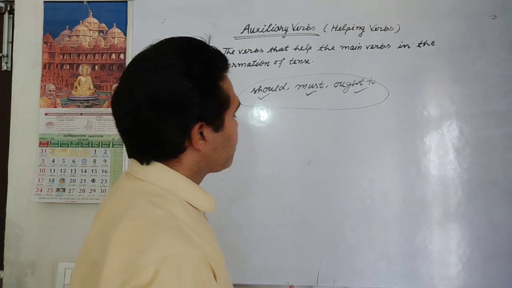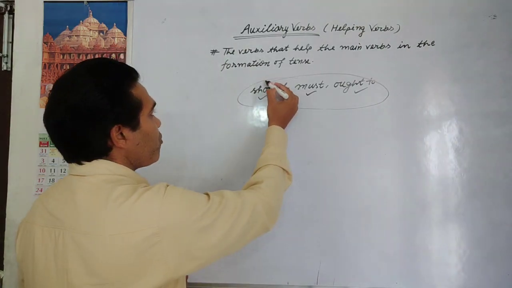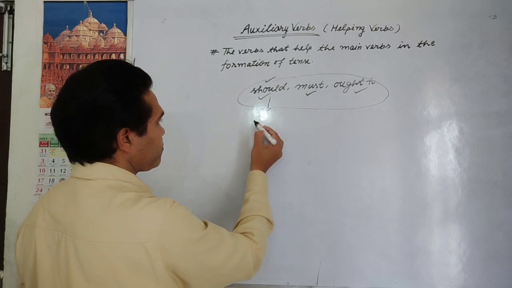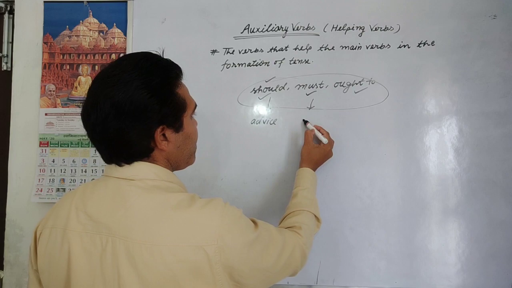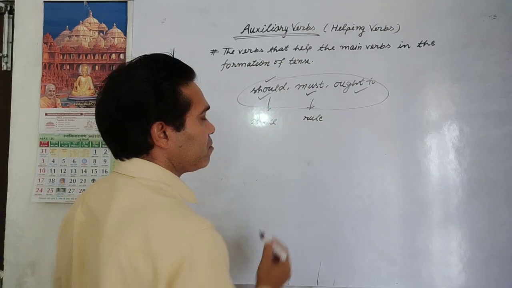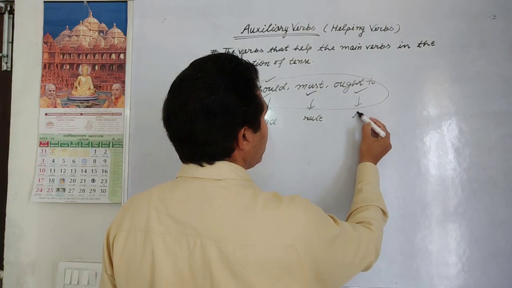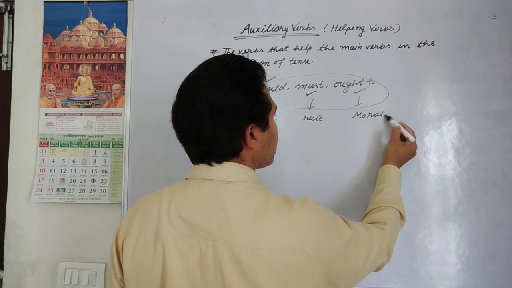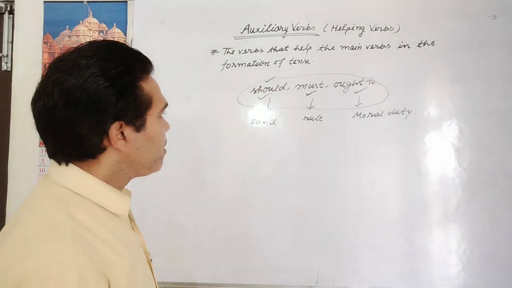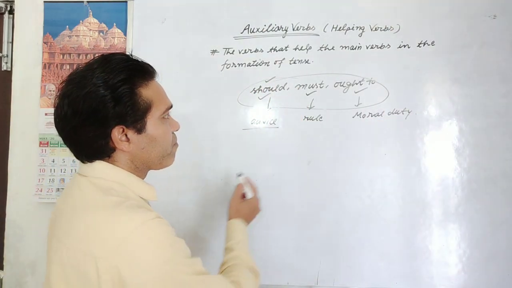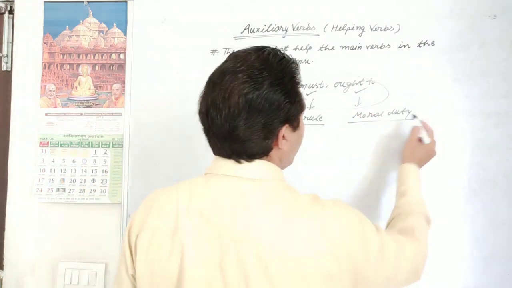But now, what are the uses of these? Now see, should for advice, must if any rule is there or condition is there, and ought to for moral duty. Moral duty. Is it clear? Should for advice, must for rule or necessity, and ought to for moral duty.